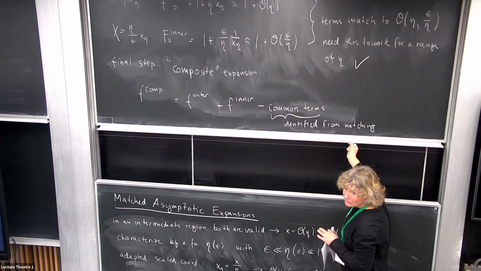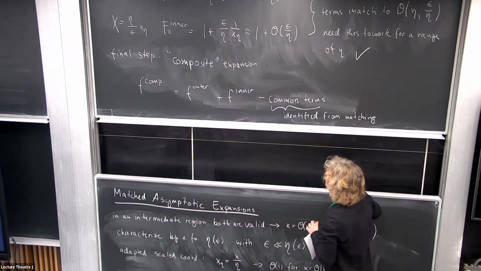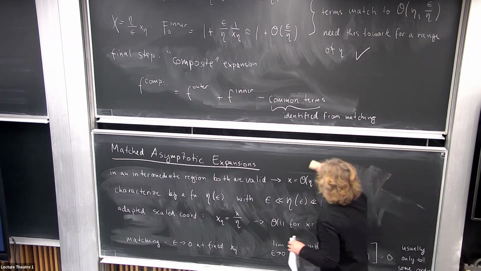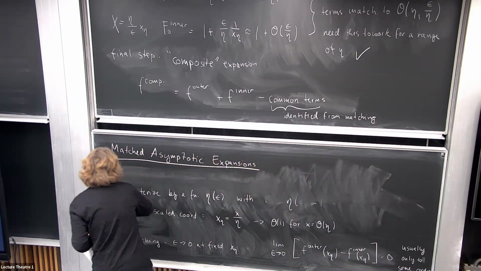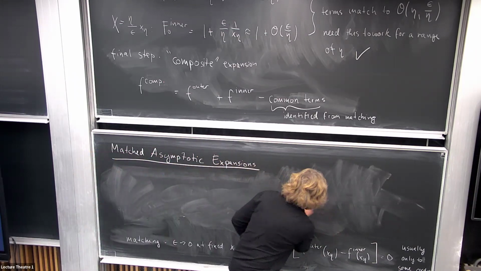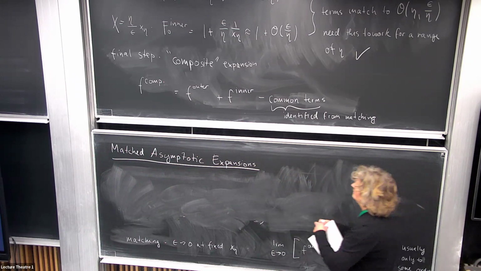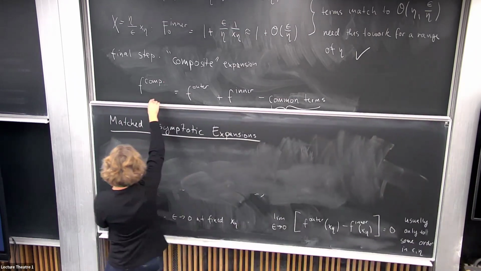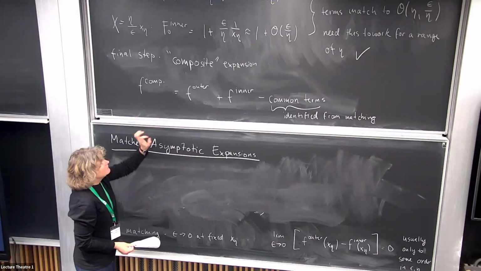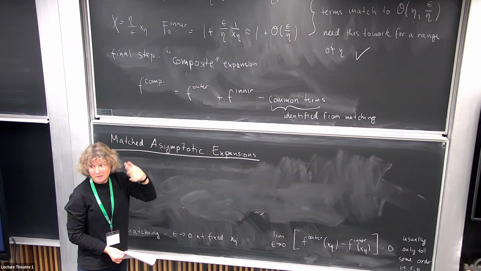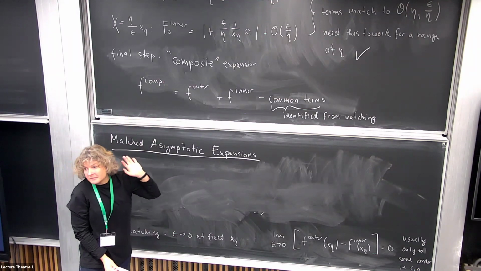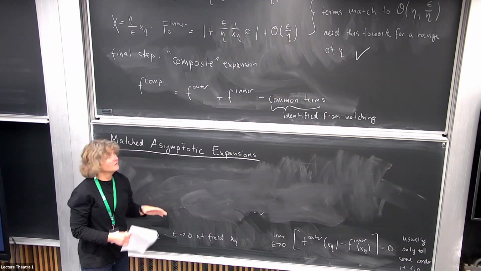Is the idea kind of clear? Okay, so finally, let's apply this. Since we have now taken care of all the scalings with epsilon, let's just express this composite solution where we have to choose one of the coordinates. Let's use the original small x.